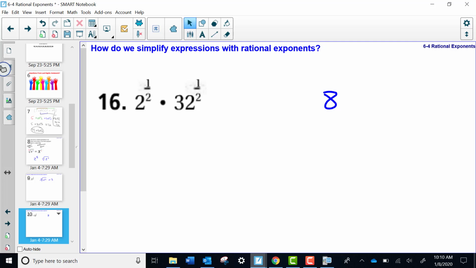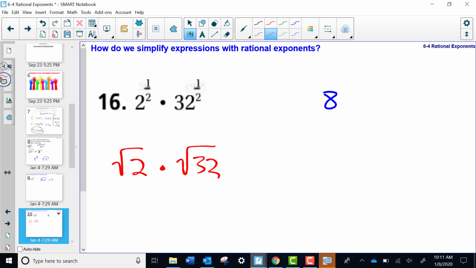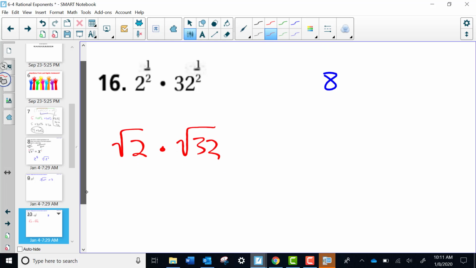So we have the square root of 2 times, and how can we write that in square root of 32? Everyone could easily change exponential to radical form, right? And now this is just 2 times 32.